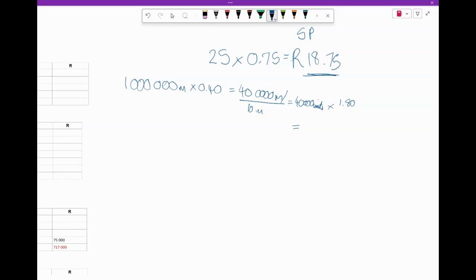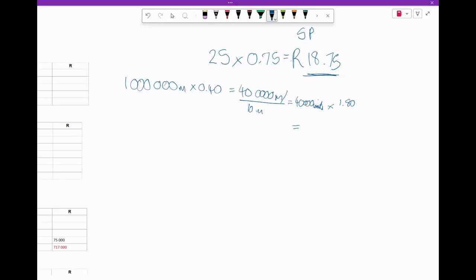Now, they told us that this 1 million is the total amount of meters that Moot sells, both externally and internally. We know internally it all goes to Ludo, and Ludo only buys 40% of it. They told us that in the question.